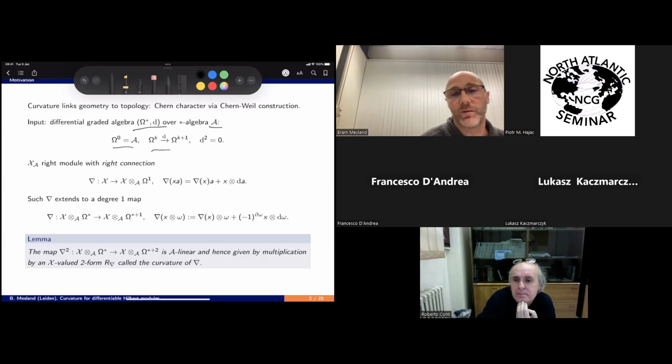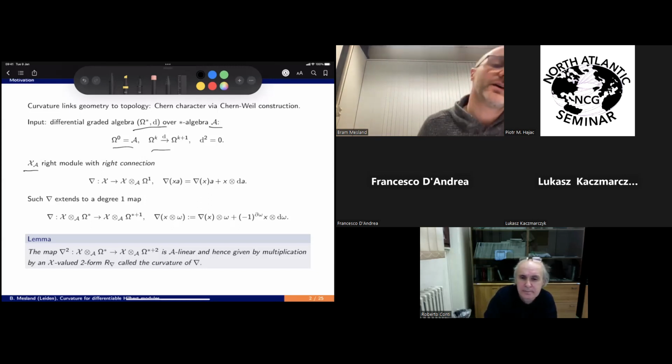Okay, this is a very common object in mathematics. And the curvature we're going to be discussing today is the curvature of modules. So here X denotes, and again for the moment, an algebraic right module over A, and will remain to denote so in the rest of the talk.